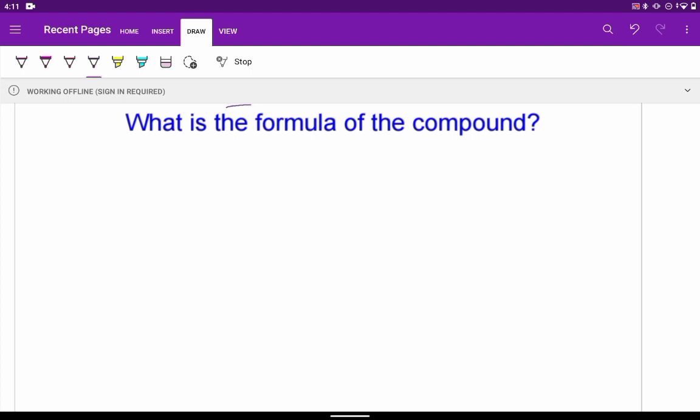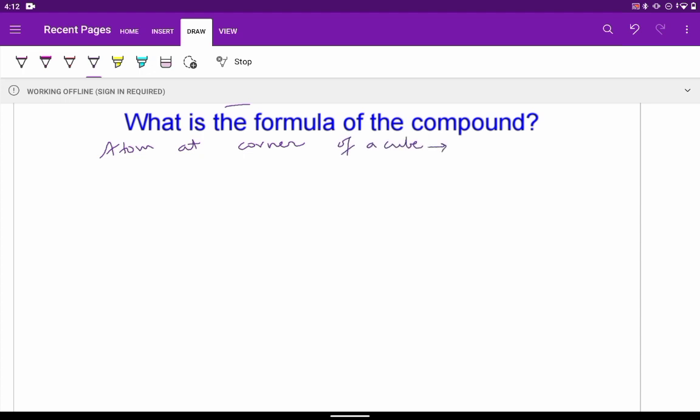Now whenever an atom is at the corner of the cube, it will be contributing 1/8 to the unit cell. So I am writing that 1/8.